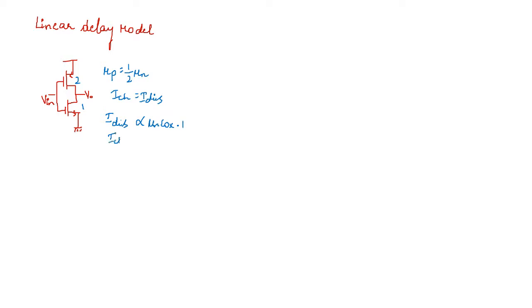And I charge is proportional to mu P C ox W by L. W by L is 2 in this case. And mu P is nothing but half mu N. Therefore, this is equal to mu N C ox, which is the same as that of the discharge current. So we can say that here the charging current is equal to the discharging current of the inverter.